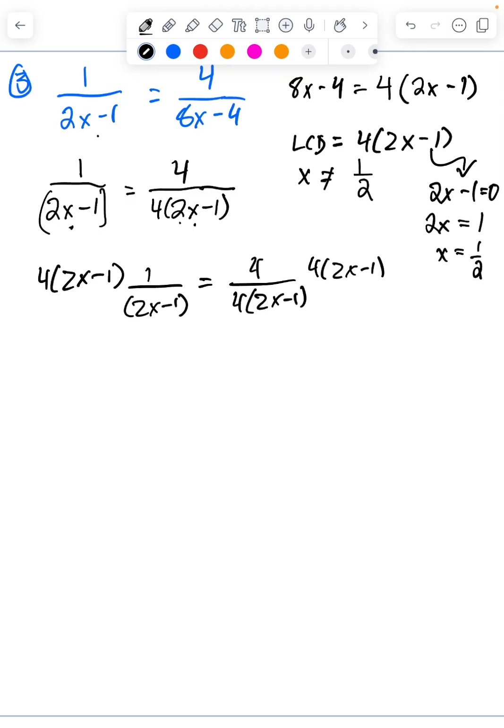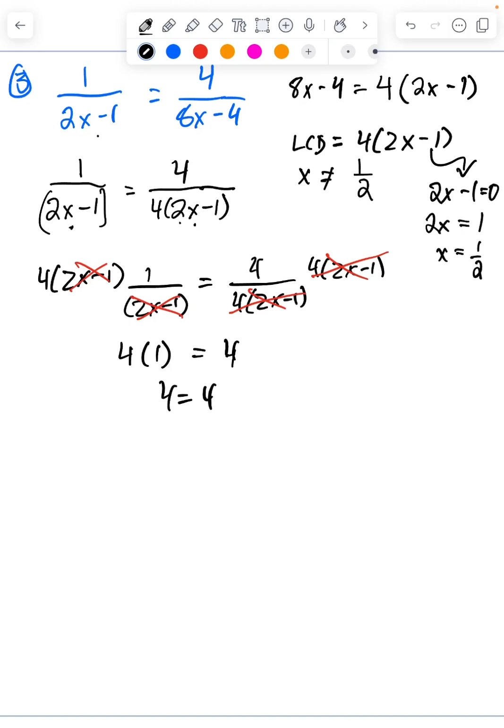As you can see, this cancels out over here, and over here this whole thing cancels out. So all I'm left with is 4 times 1 equals 4. Of course 4 equals 4.